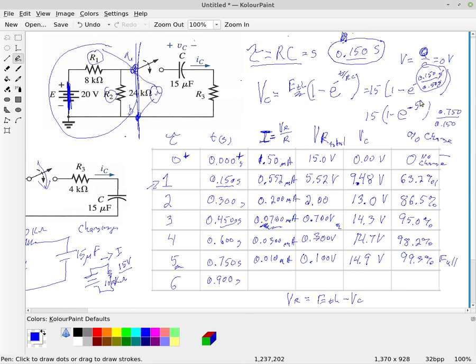And if we do a sixth one, then we would change this to a 6 up here. That gives us our voltage to be about 14.96. If we rounded that to 3 digits, we would actually end up with our 15 volts. But I wanted to write this down here: we're not actually at 15 volts. We're only at about 99.75% of the 15 volts.